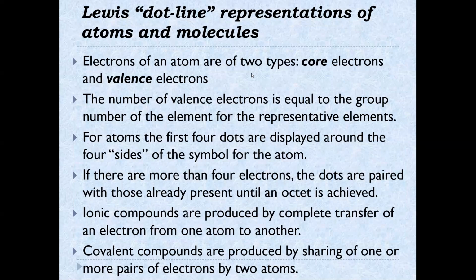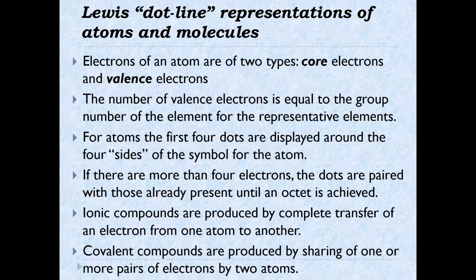In the electrons of an atom, we have 2 types of electrons, which I have said before: the core electrons and the valence electrons. Like sodium now, it has a configuration of 2, 8, 1. So 2 and 8 are the core electrons, while the valence electron is the one that is in the valence shell. The number of valence electrons is equal to the group number of the elements for the representative valence, which you have seen before.